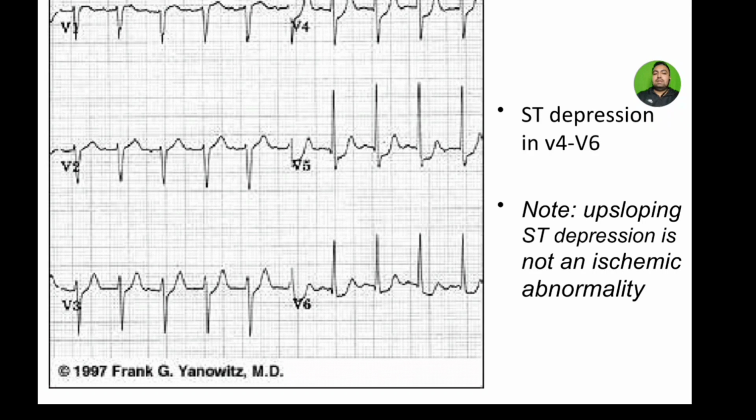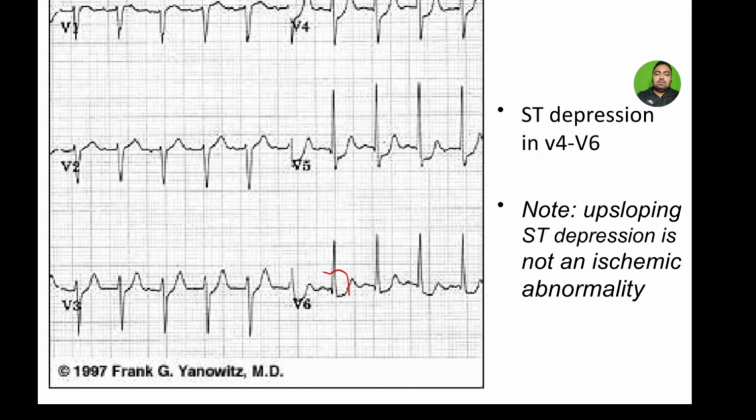Now let us see what you can see in this ECG. V1, V2 and V3 are apparently normal, with no major changes. What is there in the lateral leads?